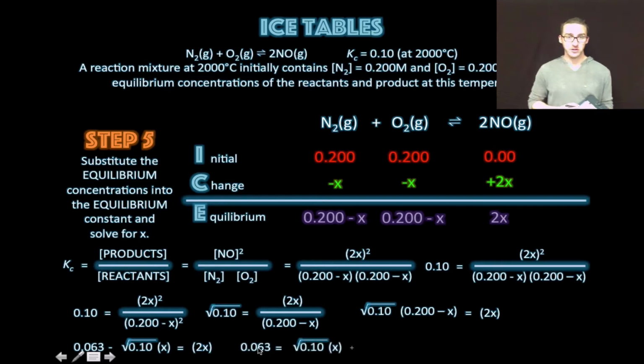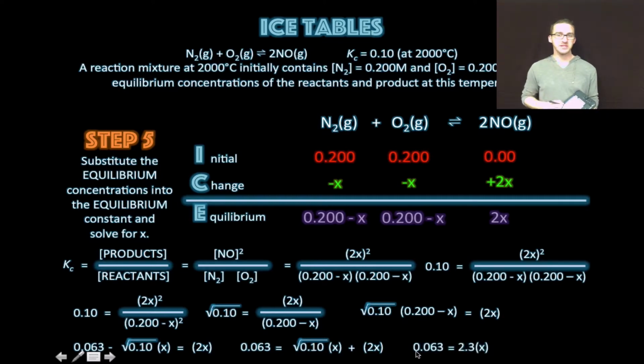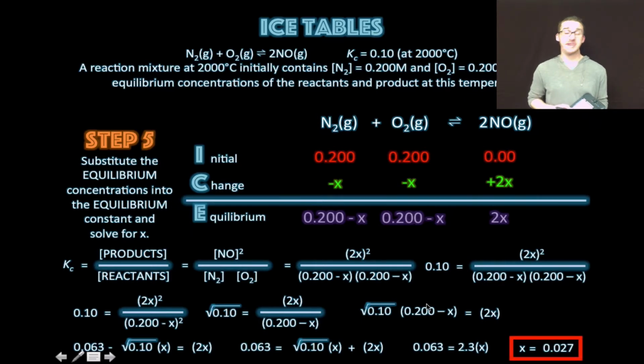That gets me 0.063 equals square root of 0.10 x plus 2x. Combine further, that gets me 0.063 equals 2.3x. Divide each side by 2.3, x is equal to 0.027.